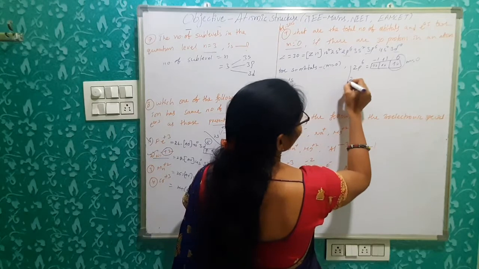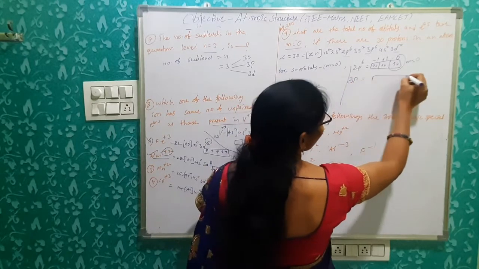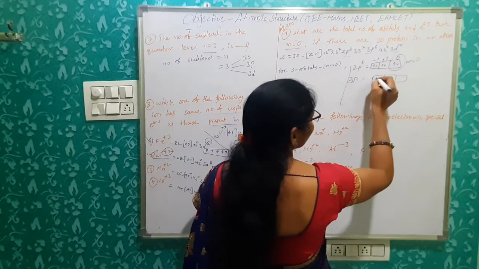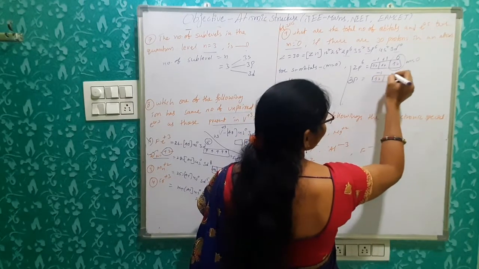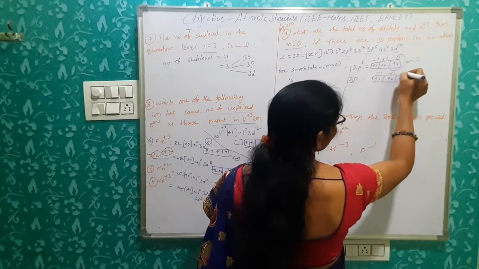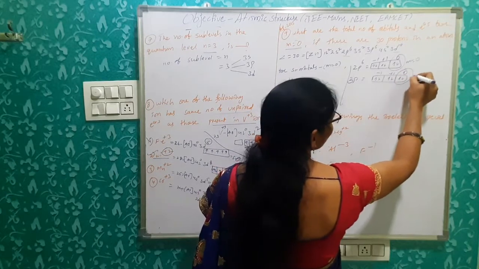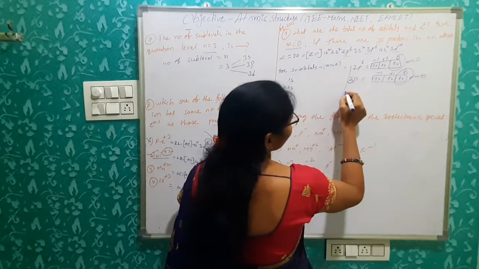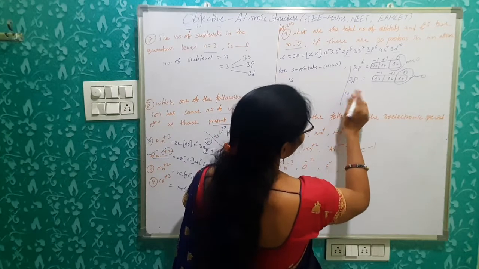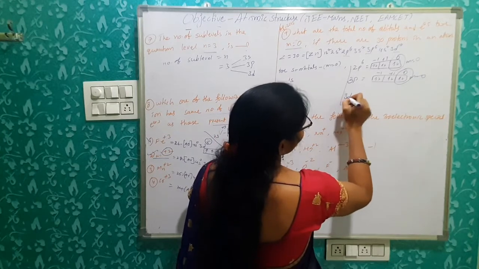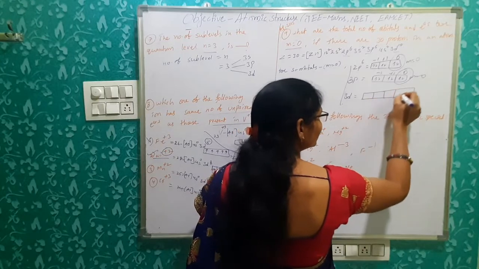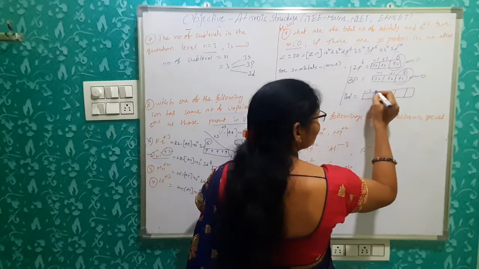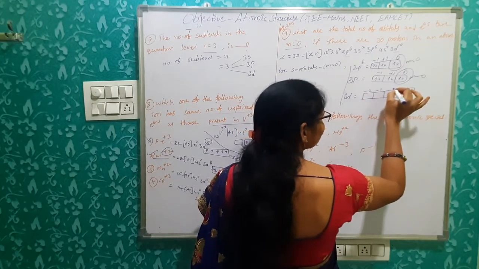Next, 3p is also the same, 1 orbital with m equals 0, among minus 1, 0, plus 1, so you have to select this m equals 0. Next, 3p is over, then 3d. The 3d orbital has 5 degenerate orbitals, and among them 1 orbital has m equals 0.